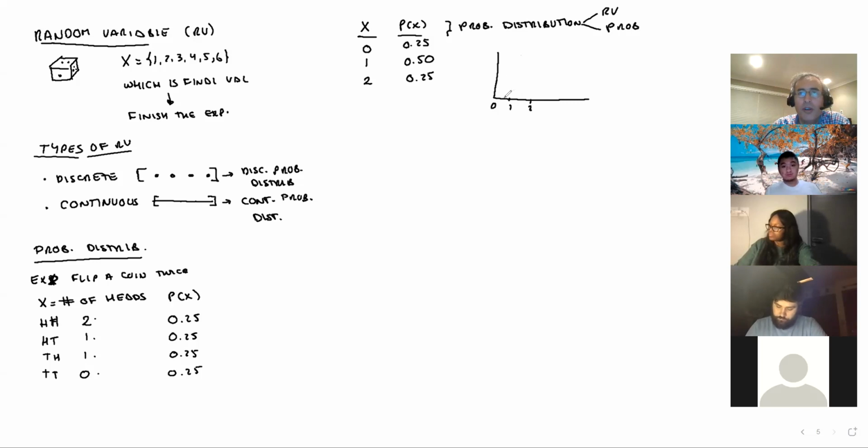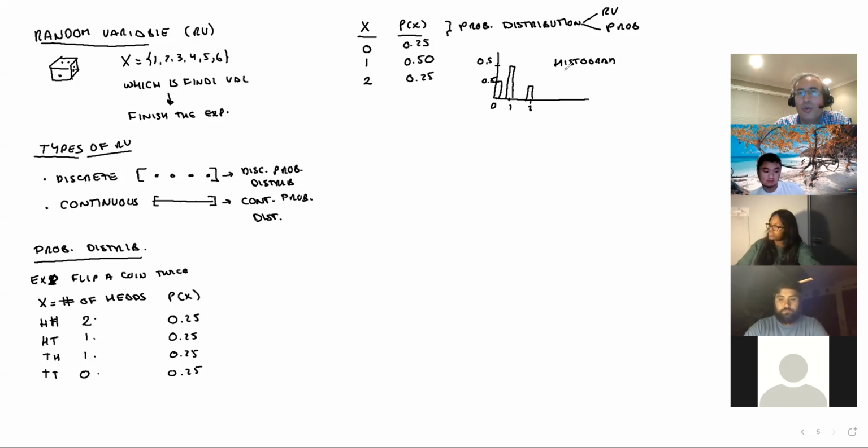So I have between 0 and 1, 0.25, 0.5. I have this one. In 1, I have this one. And in 2, I have this one here. Okay? Make sense? So I have my histogram here.